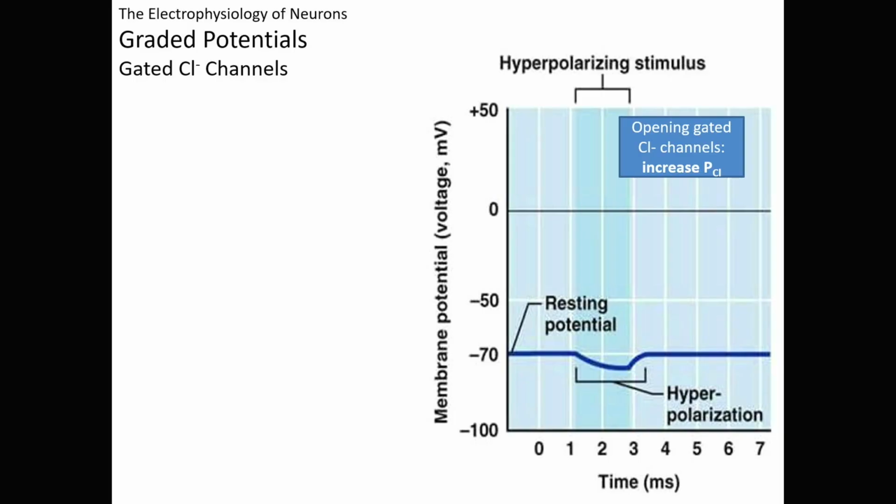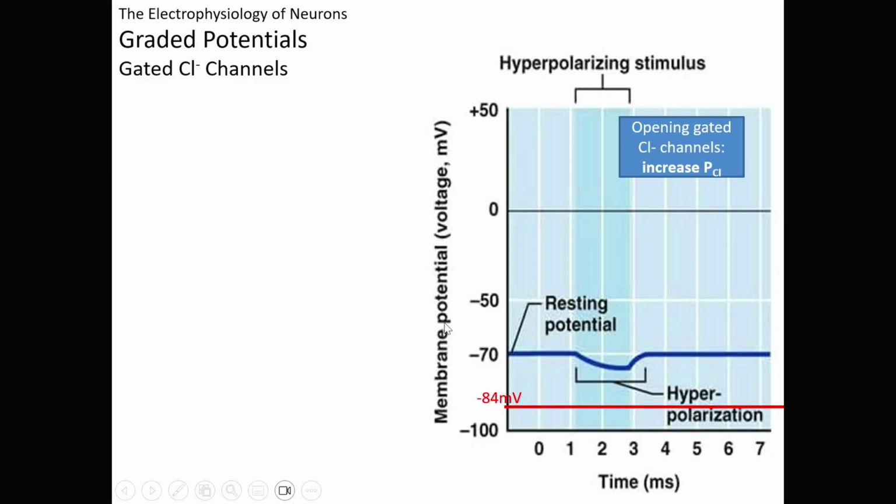One more time, just to really drive this home, let's look at what happens if you open gated chloride channels, right? Well, obviously we increase the permeability for chloride, so chloride is going to get more of a say now, and chloride has an equilibrium potential of -84 as we had calculated before.